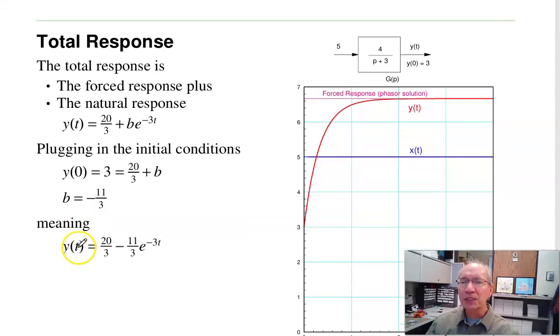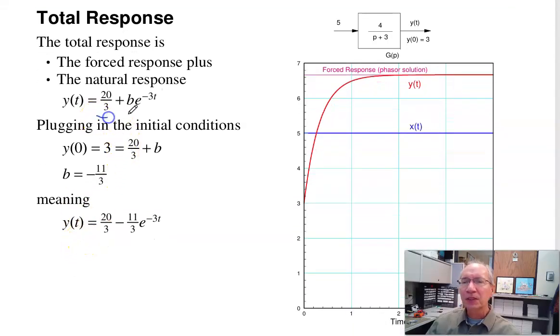The total response then is the forced response plus the natural response. Plugging in the initial condition at t equals 0, the answer is 3. Solving, I get b is minus 11/3. So here's the response. That's for constant input.